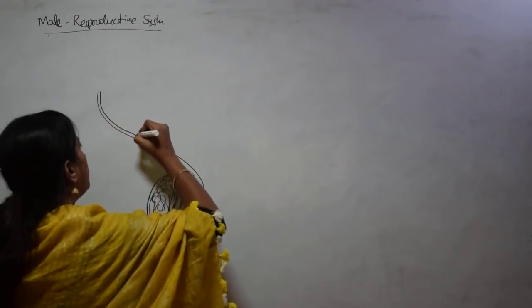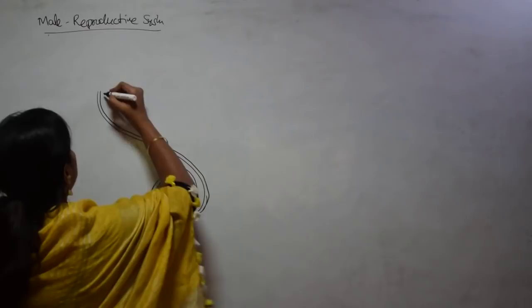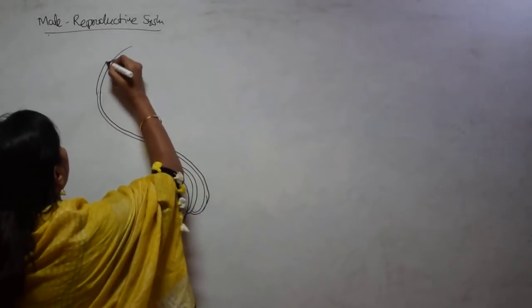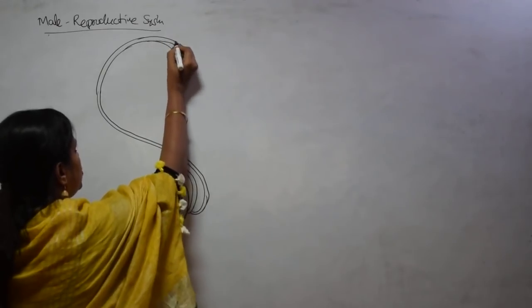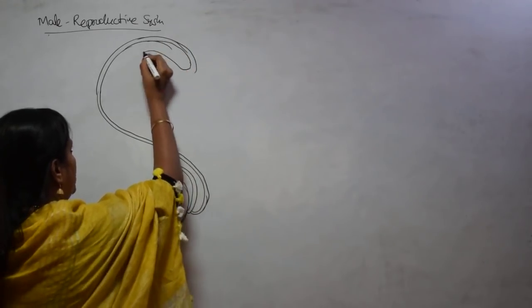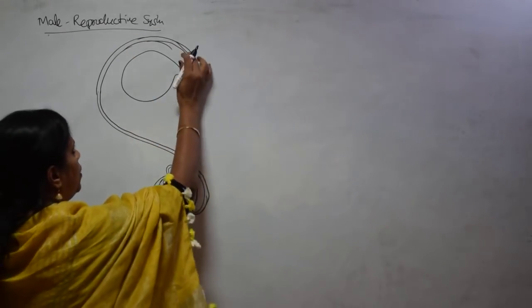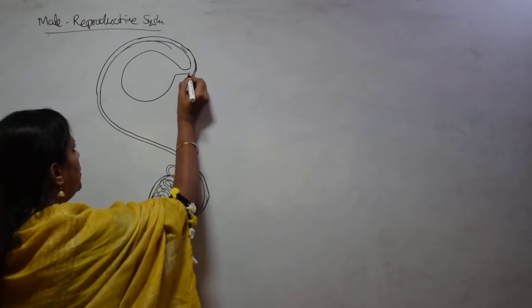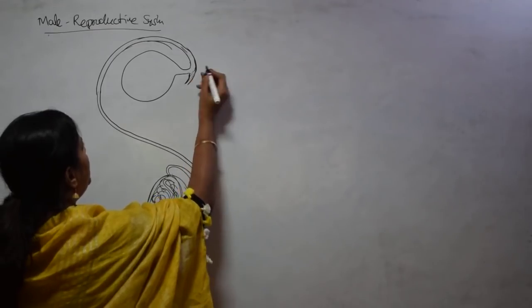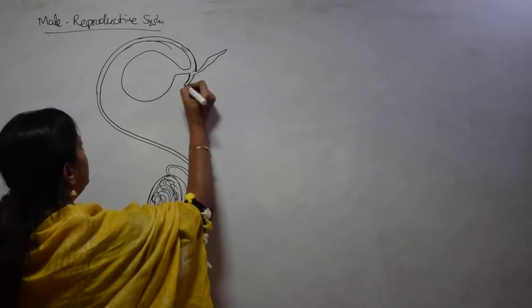This duct you have to draw very neatly, because this diagram needs some patience also. It takes a round around the structure of the urinary bladder. Here is the bladder. It will go around the urinary bladder and join another duct. This is called the ejaculatory duct, where you will find the seminal vesicle.